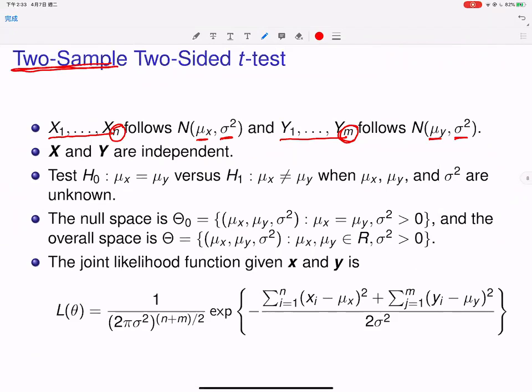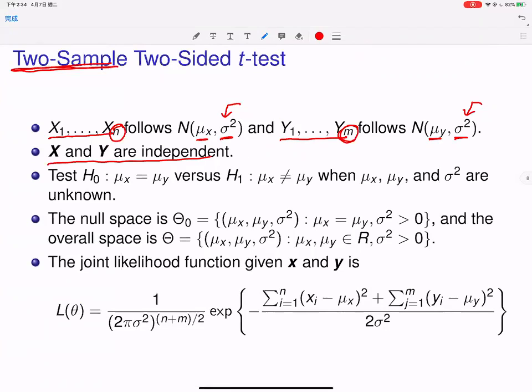The second thing is what? They do have a common sigma square. So it's very important when you evaluate what is the null space, what is the overall space. And then of course X and Y are independent.